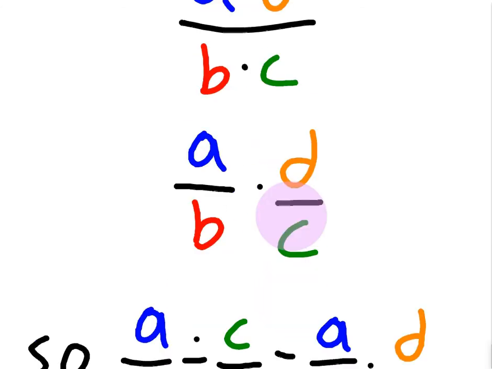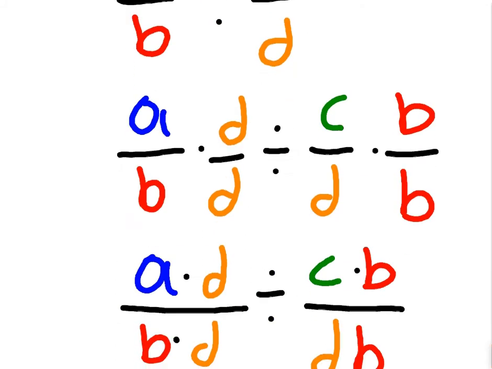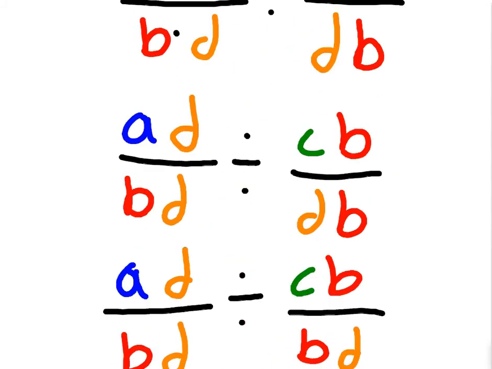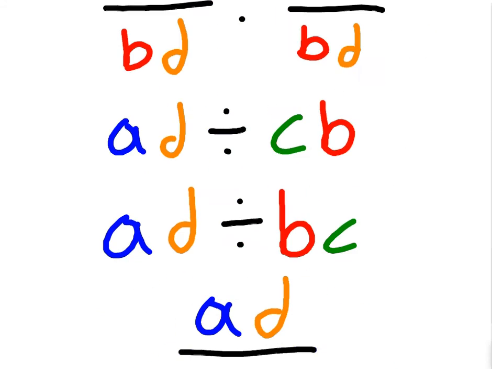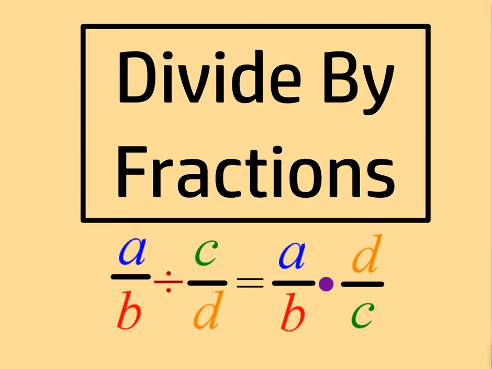So we started with A over B divided by C over D. We ended up with A over B times D over C. So this flipped, and this changed to multiplication. And that's why it works.